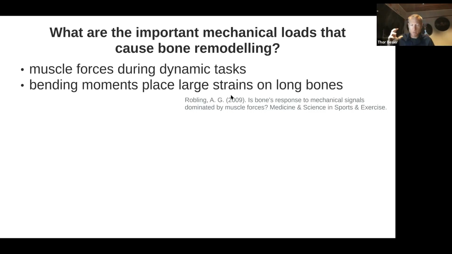And those bending moments are really what cause the compressive, tensile and torsional forces that you see in the center of the long bones, which is why the shaft of the long bones has a very thick cortex and is made predominantly of cortical bone.